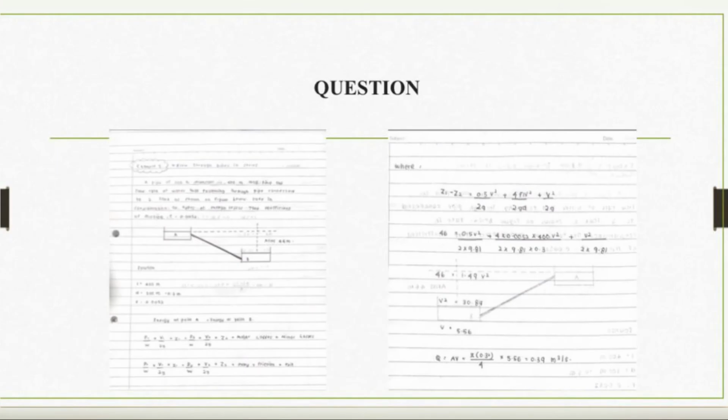This is an example question for flow through pipe in series. The question is, a pipe of 300 mm diameter is 400 meter long. Find the flow rate of water flowing through the pipe connected to the tank as shown in the figure below. Take into consideration all types of energy losses.